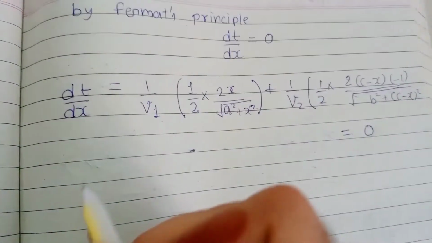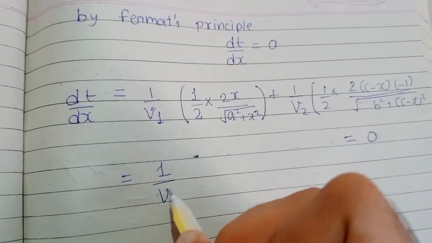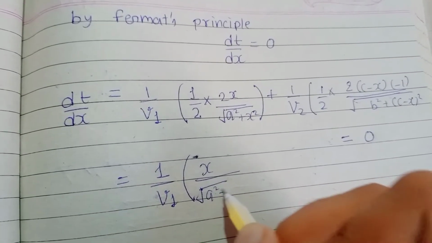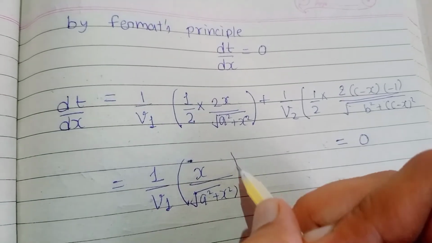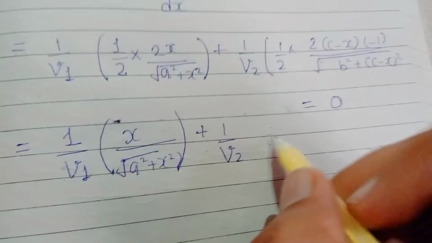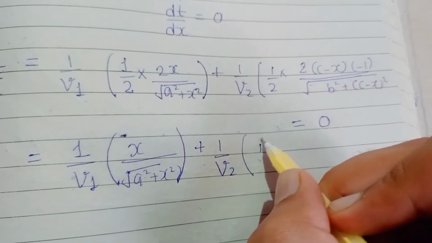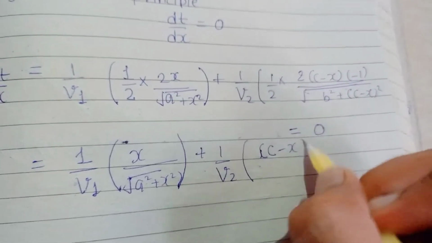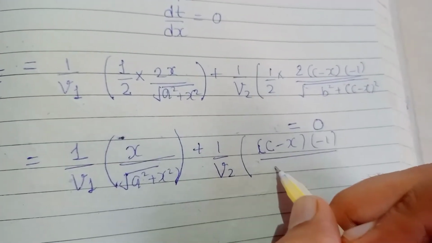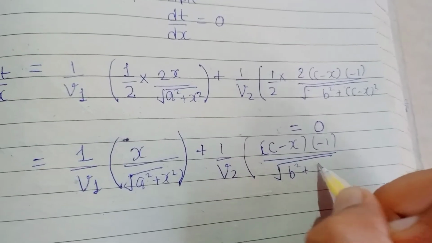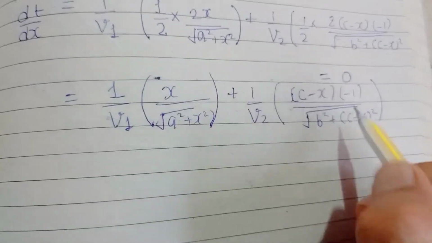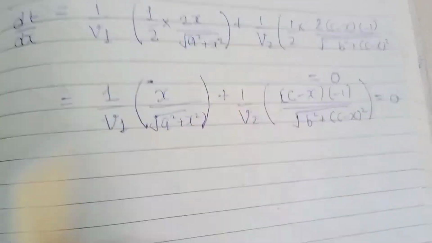So here 2 will cancel the 2. The equation seems like 1 upon v1 x upon under root a square plus x square plus 1 upon v2 into c minus x into minus 1 upon under root b square plus c minus x whole square is equal to 0.